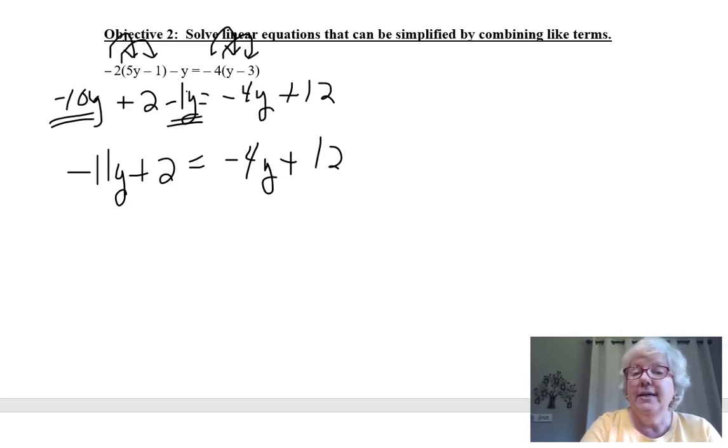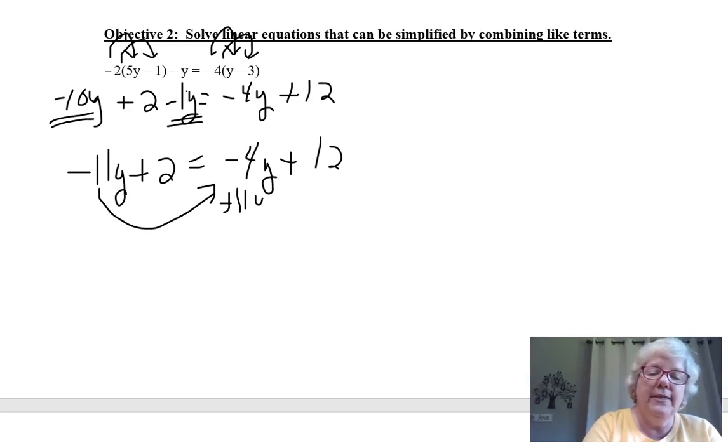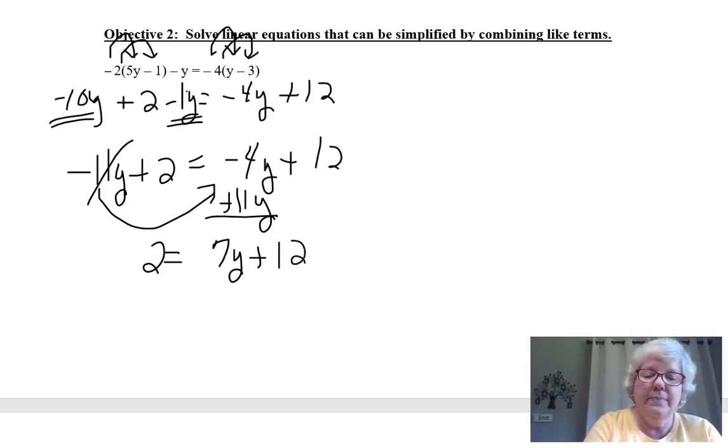Now I've made it to step 4, where I need to get the y by itself. So I think I will just move this negative 11 over, change it to a positive 11y, and that will leave me 2 equals, let's see, negative 4 plus 11 is 7y. Now we'll need to move this positive 12 over, subtract that.